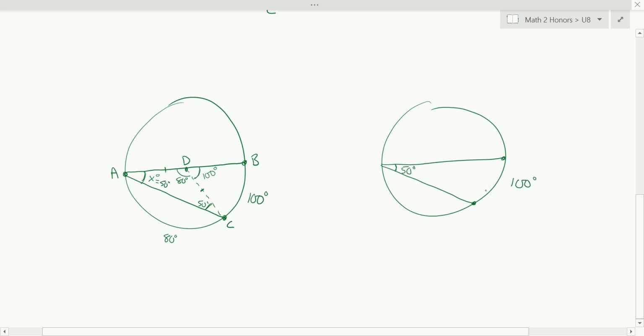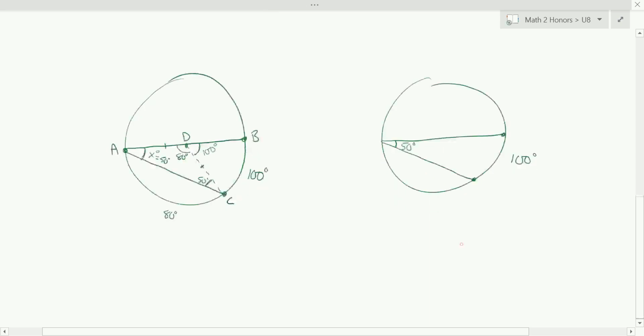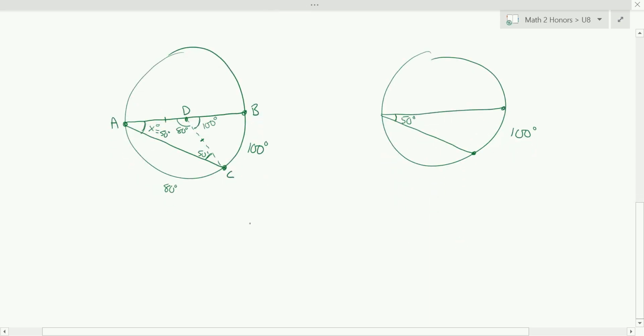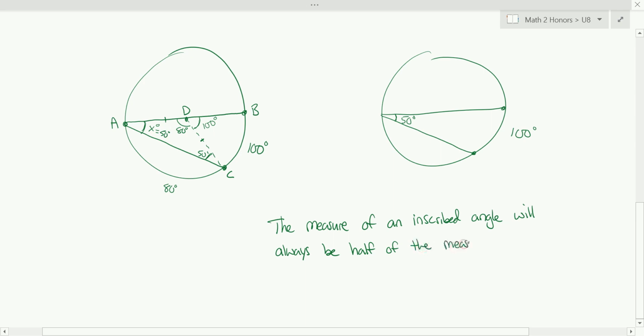And in fact, in general, we're going to find that, and let's just jot that down here, the measure of an inscribed angle will always be half the measure of its intercepted arc.